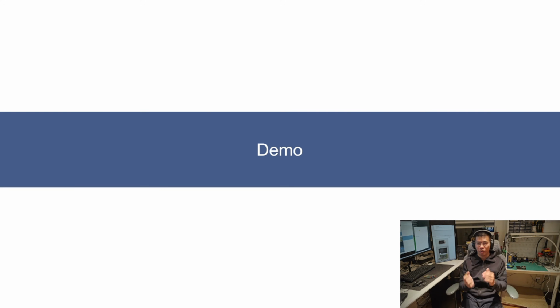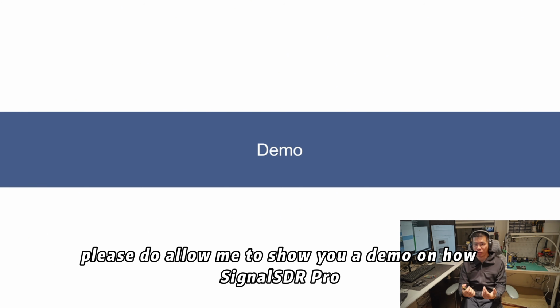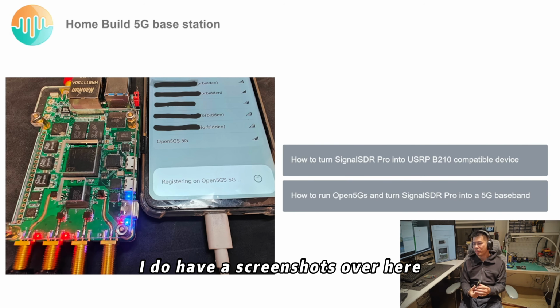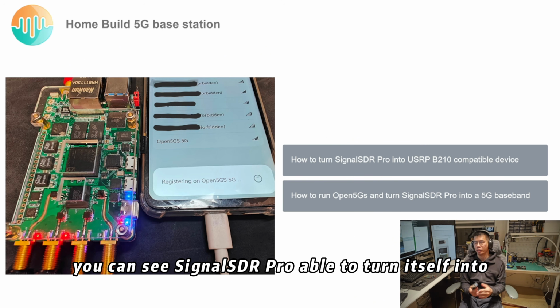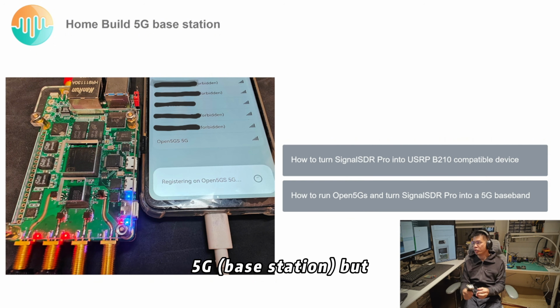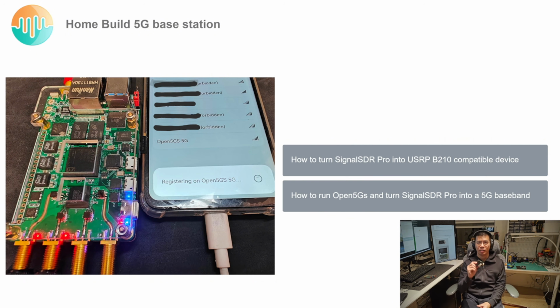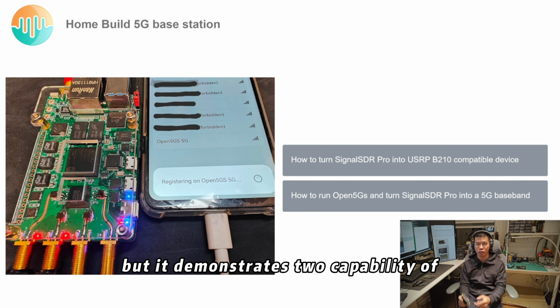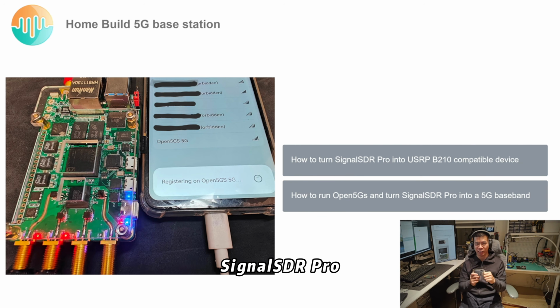So please do allow me to show you a demo on how SignalSDR Pro works, right? So I do have a screenshot over here. You can see SignalSDR Pro is able to turn itself into a 5G baseband. But please do bear in mind, it's a very, very short video, but it demonstrates two capabilities of SignalSDR Pro.